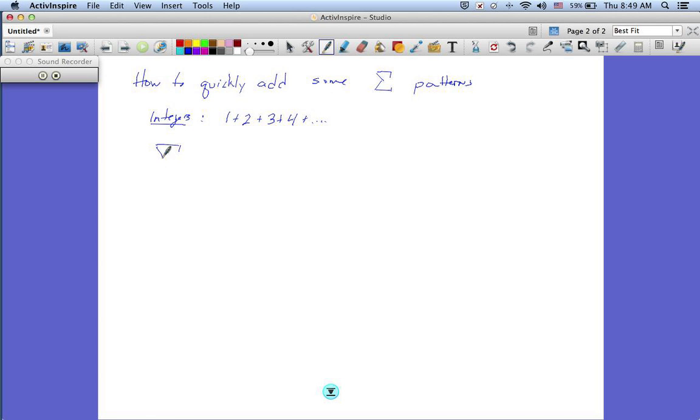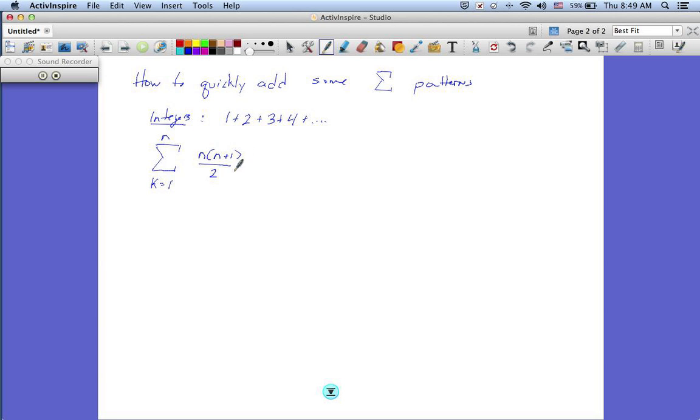To add the sum of the integers with k going from 1 up to some arbitrary number, we'll call it n, we take that number n times n plus 1, and divide it by 2.